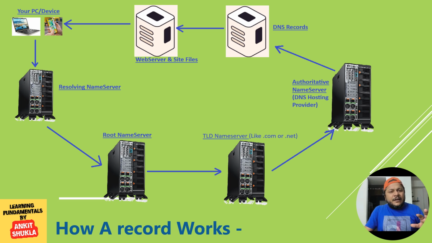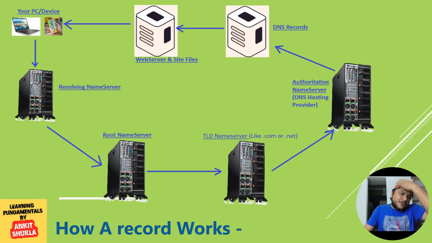And we can't recognize IP addresses, to be very honest, right? The A record makes it possible for us to type a simple URL, which behind the scenes the DNS translates to the IP address of the server which is hosting the website.